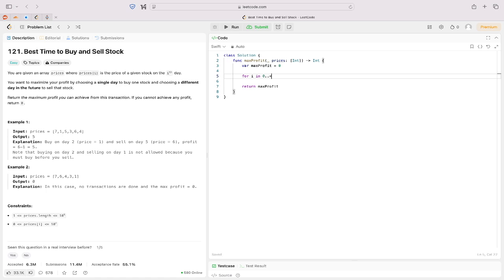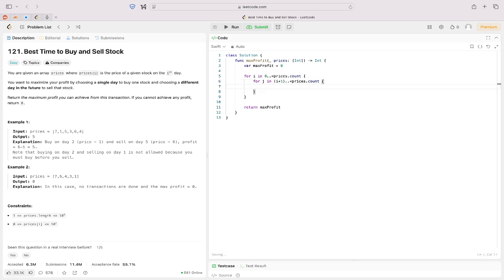Prices.count. Alright, and then we're going to loop through that with a j. So that's going to get us our second number for j, and it's going to be i plus 1. And we're also going to still do our prices.count. That's our barrier.